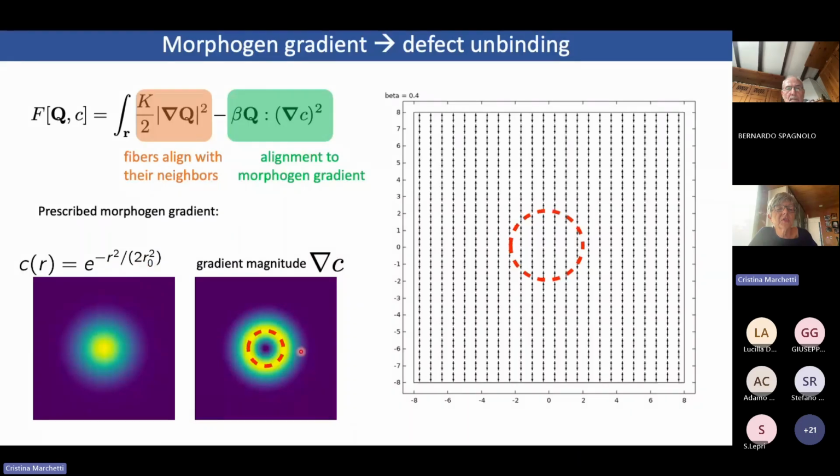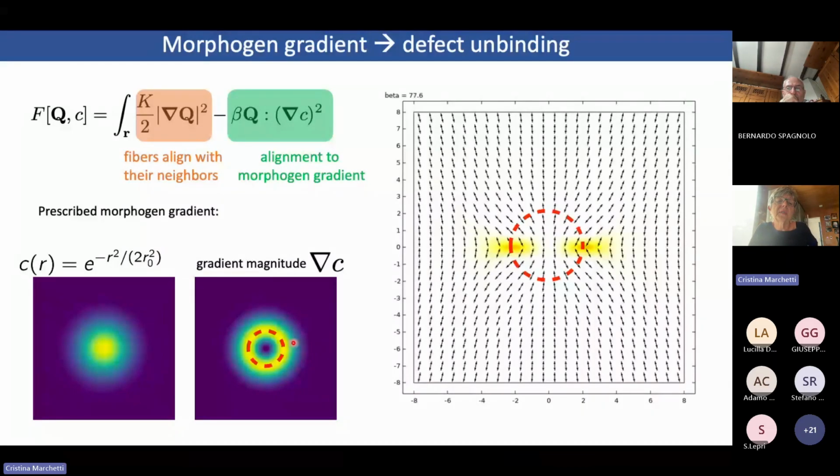And what this image shows is the magnitude of the morphogen gradient, with the circle being where the gradient is largest. Remember that the Q tensor tries to align with the morphogen gradient. So as I ramp up this parameter beta, the strength of this coupling, which is what I'm doing here, the nematic gets distorted. And eventually, the morphogen gradient leads to the unbinding of a plus-minus defect pair.